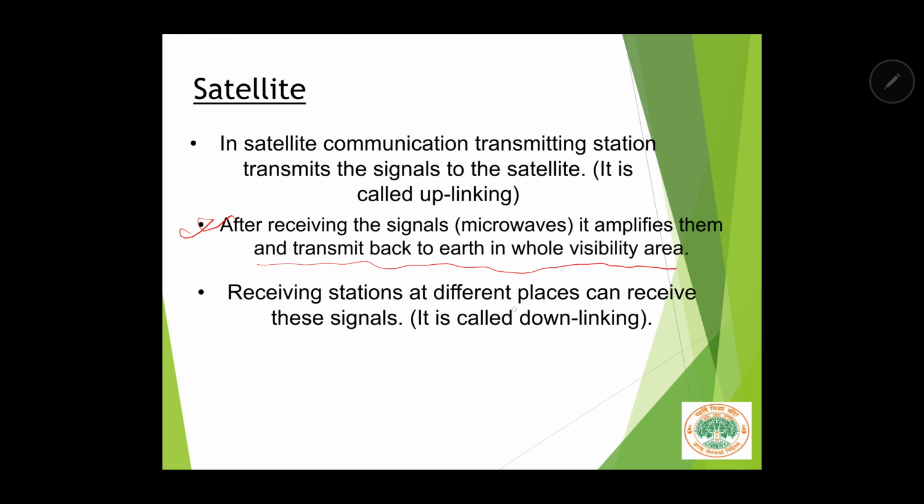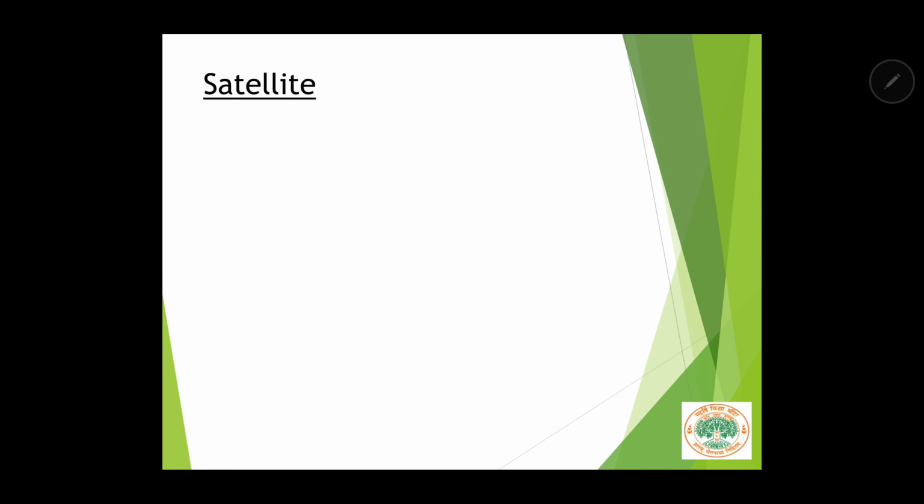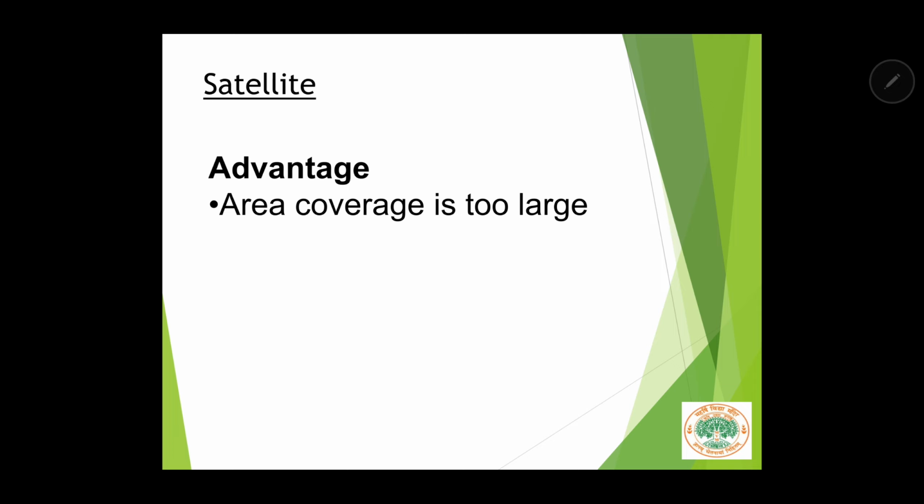Receiving stations at different places can receive this signal, and here you can see different receiving stations. This I can name as RS. So they will receive the signals which are sent by the geostationary satellites. What is the advantage of satellites? Of course, the area coverage is very large.